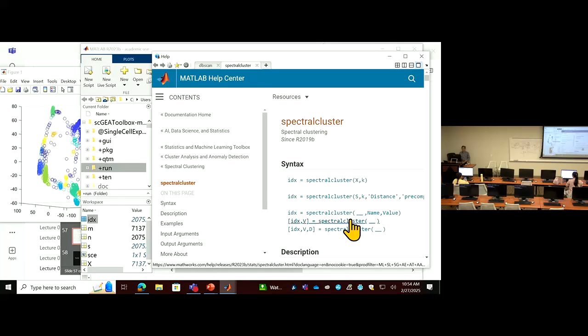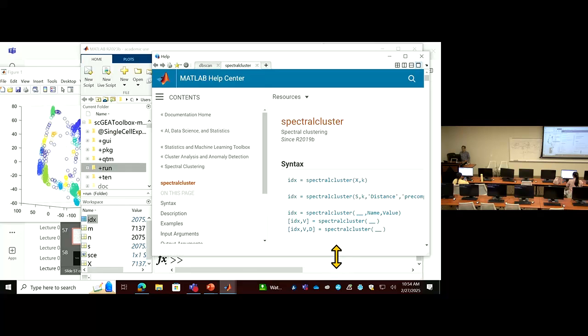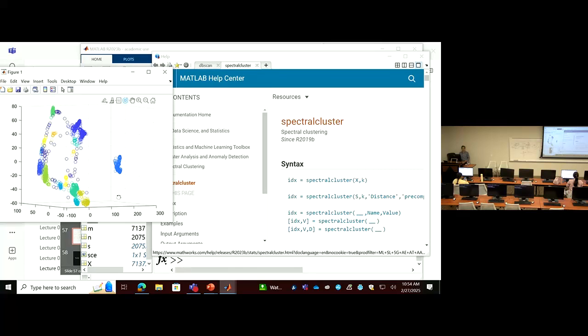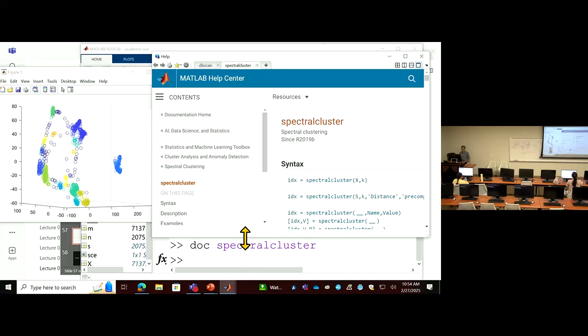Please follow the documentation and try to learn how to use this, and then try it on this data set here. Okay, let me know once you get the result.